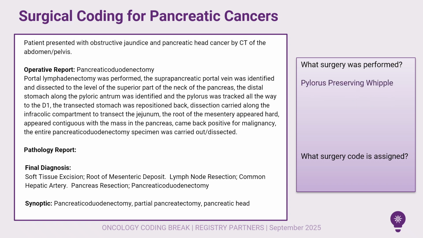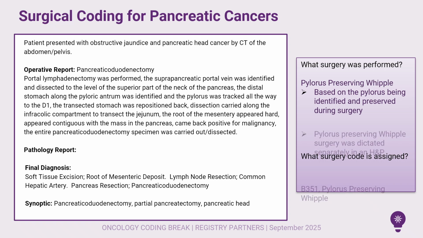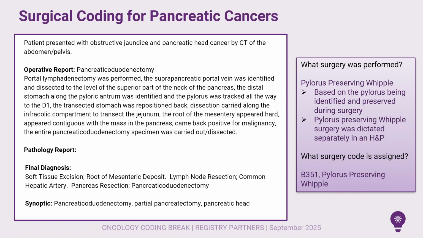This is going to be the pylorus preserving Whipple. This is based on the pylorus being identified and preserved during the surgery. The pylorus preserving Whipple surgery was dictated separately in an H&P, not mentioned here, but that did give another clue to a real case, because the operative report title, the final diagnosis, and the synoptic did not mention the pylorus.